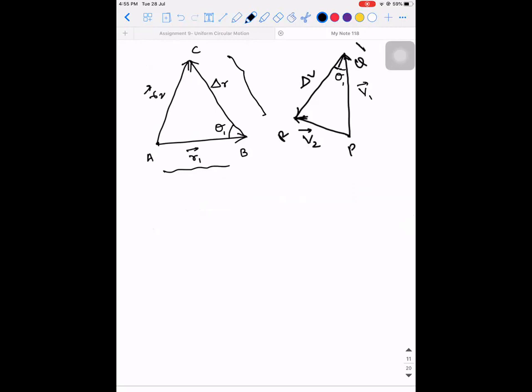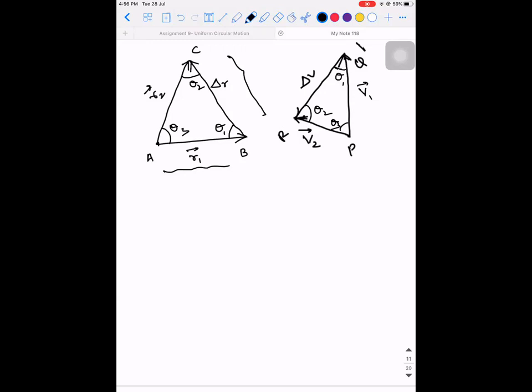The angle between BC and CA is theta 2. Here it will be RQ and PR, they both are the same. If this is theta 3, obviously this will be theta 3. So since the angles in both the triangles are the same, can I say that these two triangles are similar?